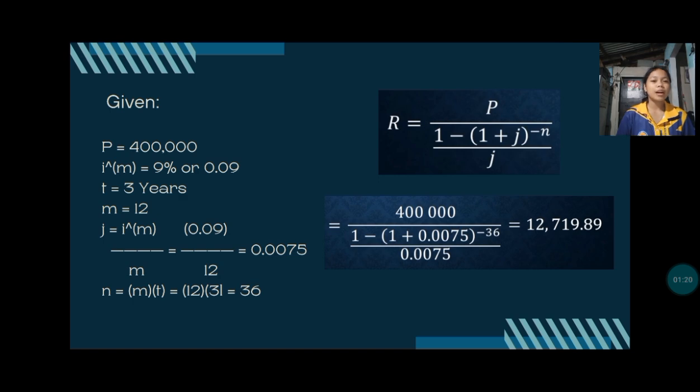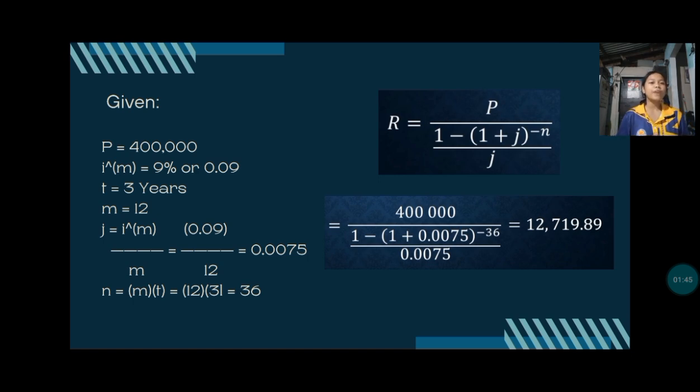Now that's the value for our j. To find our n, we have to multiply our conversion period and our time. So our m is 12 and our time is 3. So 12 times 3 is 36. That's the value of our n.